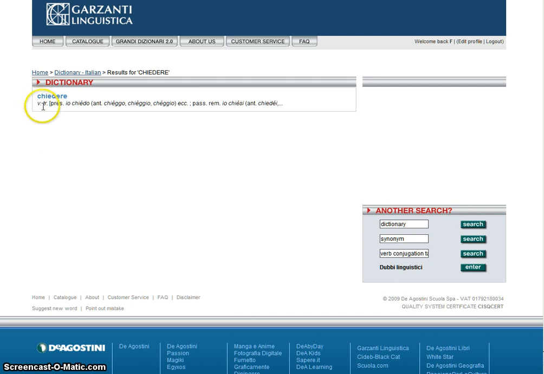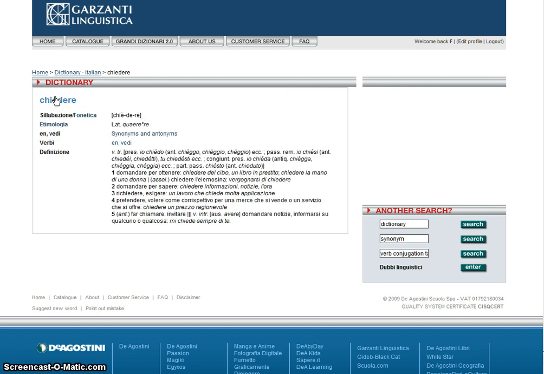and we find that chiedere is a transitive verb, and the present form, passato remoto. Not everything is shown; these little dots mean that there is more, so we click it, we see the entire form, and we find the past participle, participio passato, it is chiesto.